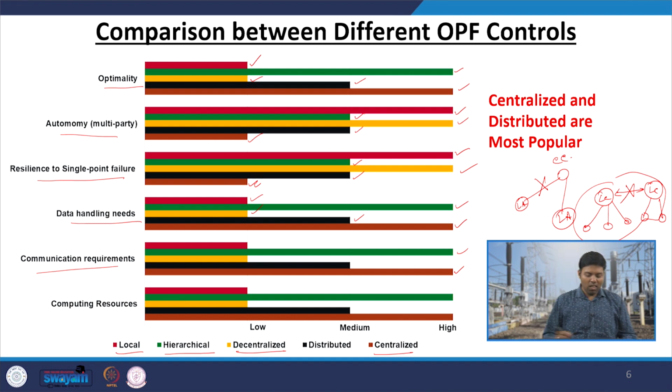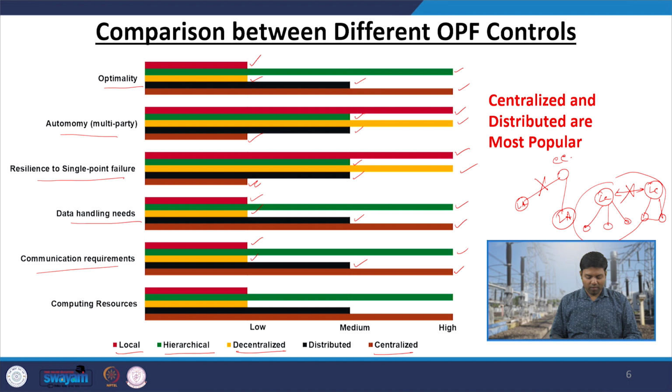So, you need the highest level of communication, which is not needed for local and decentralized, because your data handling is done at the local level or at the lower level.